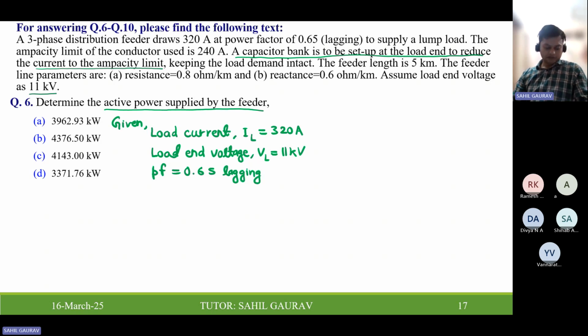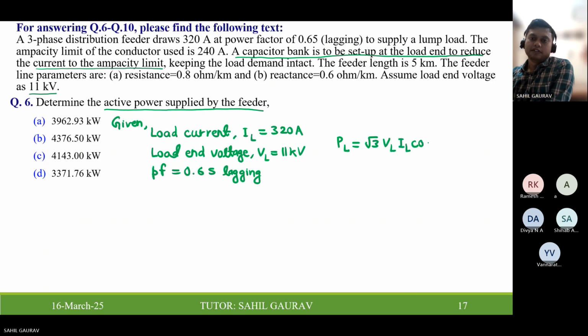So with this only you can find the active power supplied by the feeder. PL is root 3 into VL into IL into cos phi.